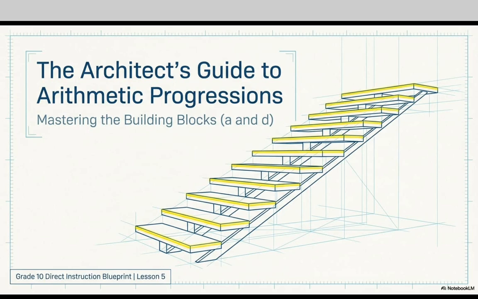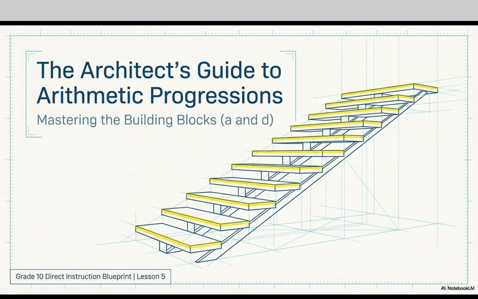you should be able to identify and correctly state the first term and the common difference of any arithmetic progression, including those that are increasing, decreasing, or containing negative terms.